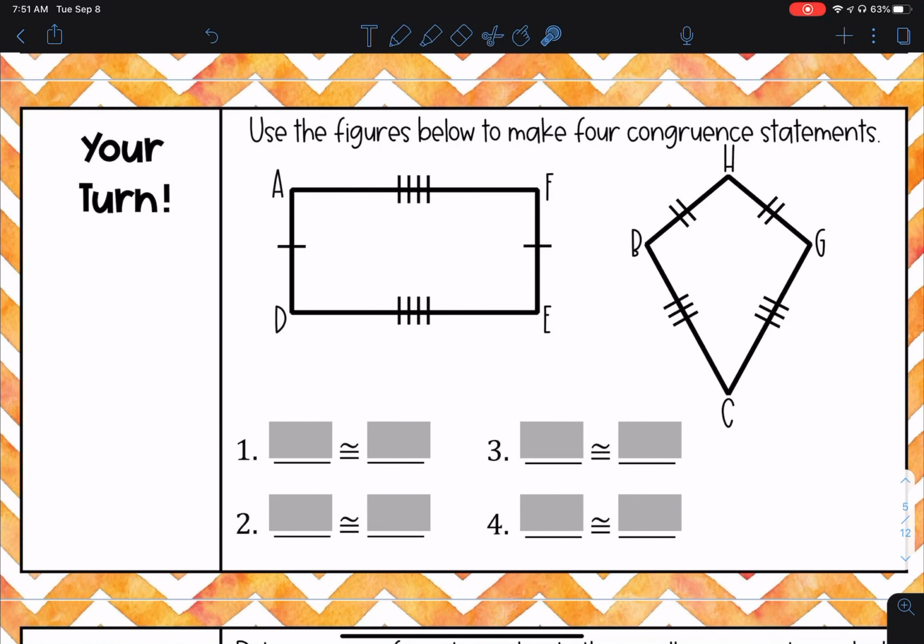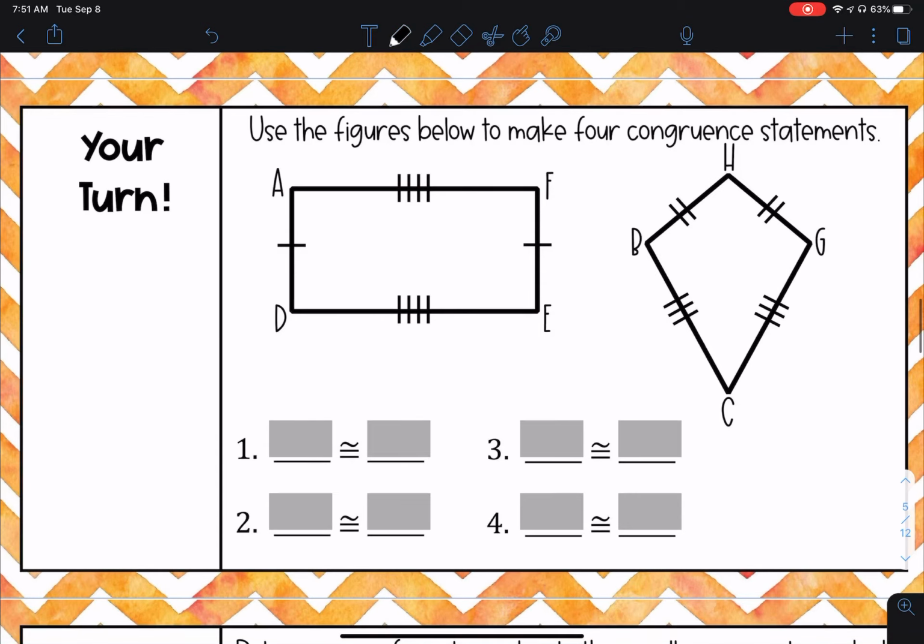All right, now it's our turn. Use the figures below to make 4 congruent statements. Do you agree that AF is the same thing as DE? See how they're labeled by 4 tick marks? That means they're the same thing. So that's the first one I could do.